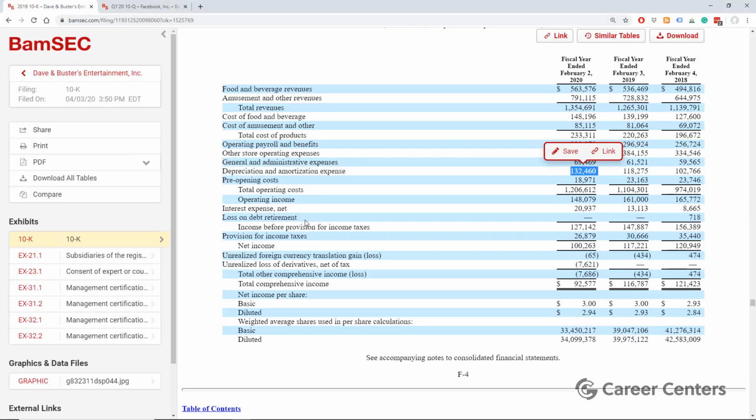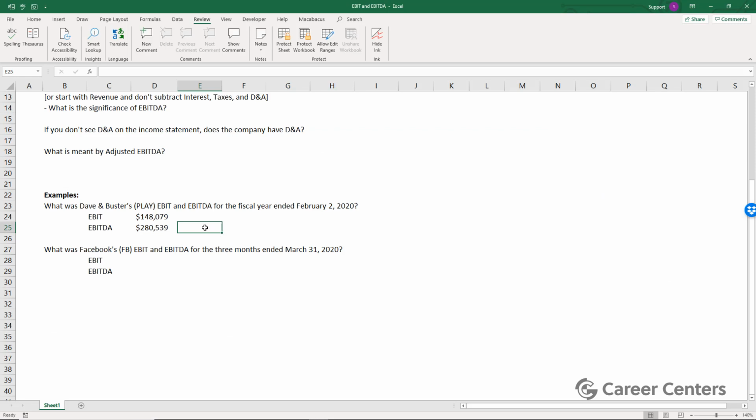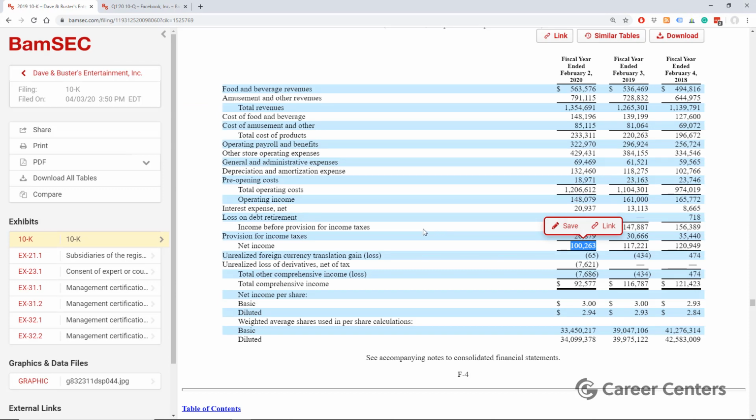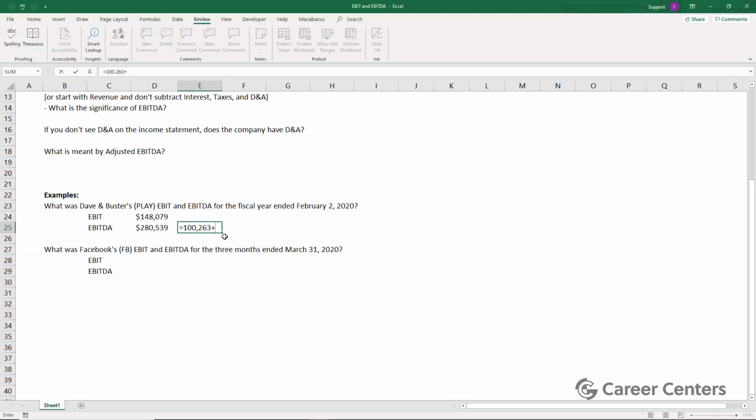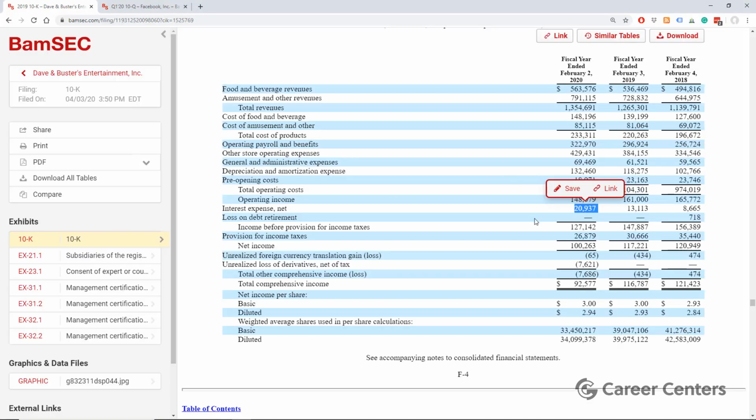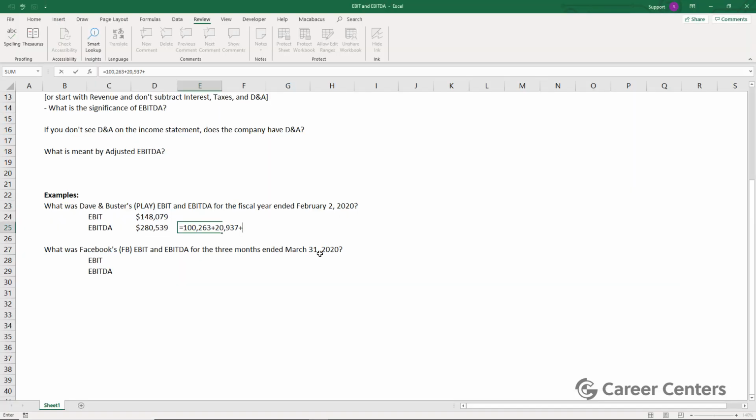Another way to calculate EBITDA is starting with net income, and I could do it this way also, 100,263,000, and add back interest, that's 2937, add back taxes, and add back D&A.